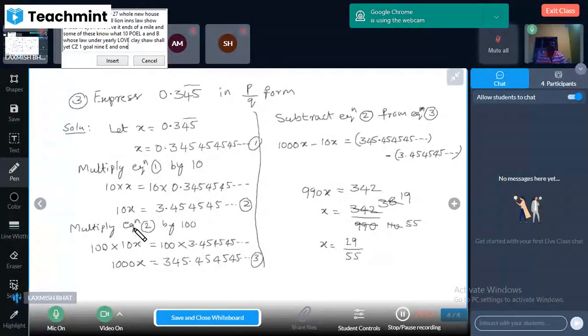This is the P by Q form of the given decimal expansion.